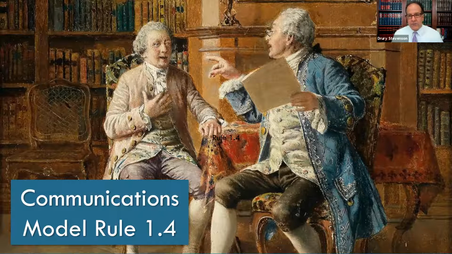Most of the disciplinary actions are about these two rules. It's not to say you can't get in trouble for other rules, but 1.4 does generate a lot of client complaints and a lot of disciplinary actions against lawyers. So this is a rule that will matter a lot for your life when you are in practice.